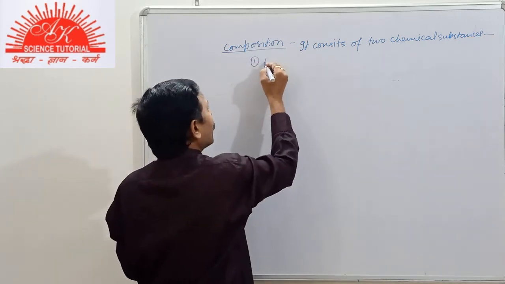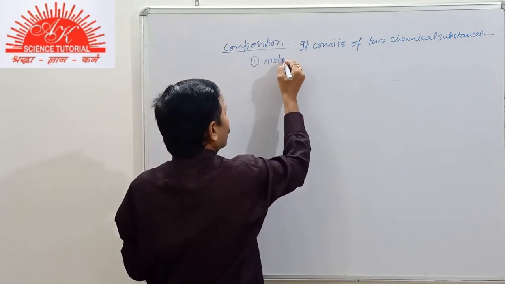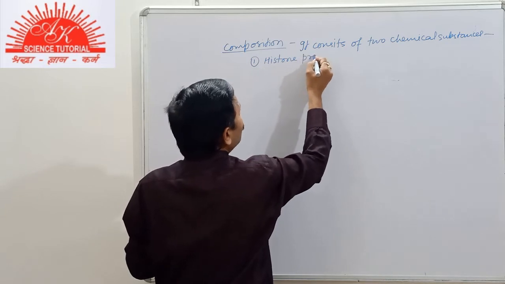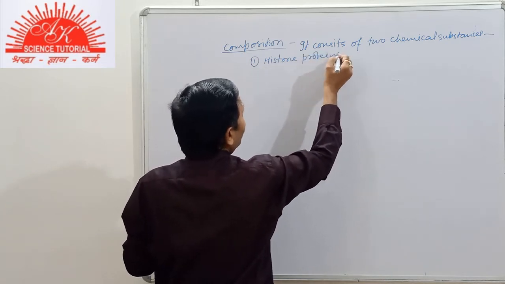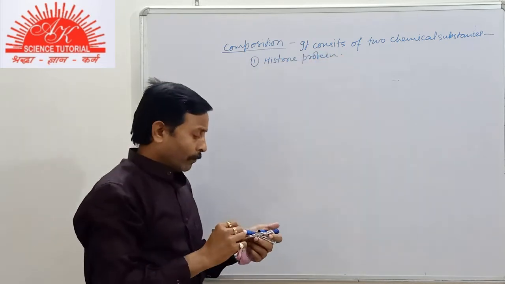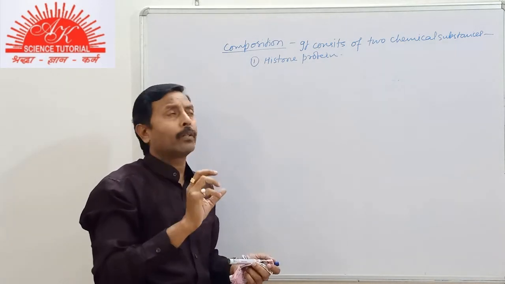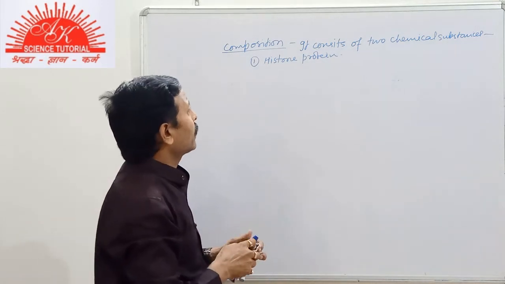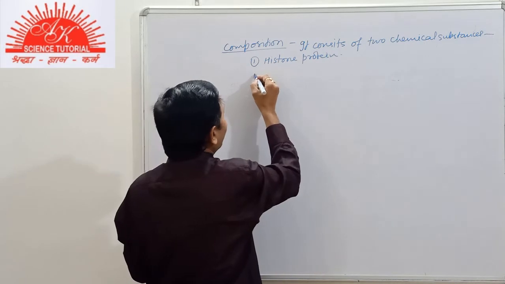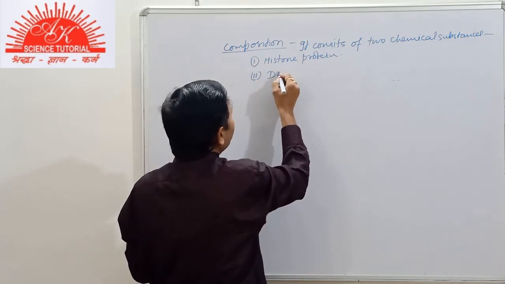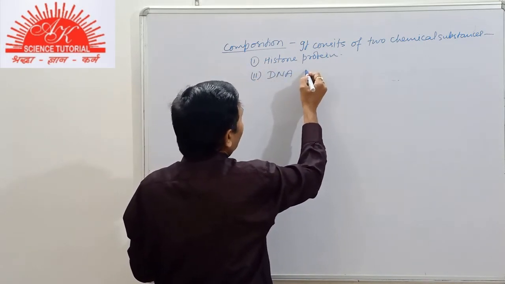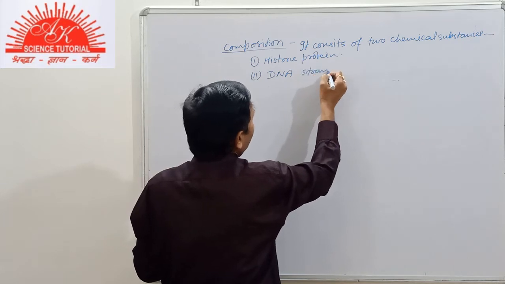First, histone protein. We represent it in the form of ball-like structures, small units, small proteins. And second, DNA strands.